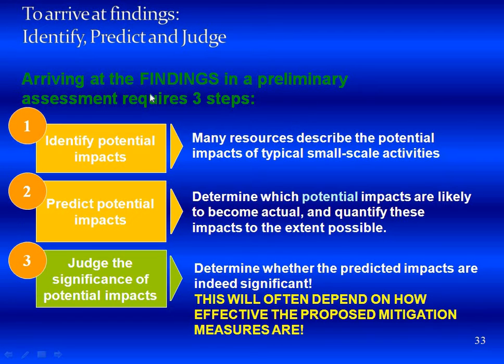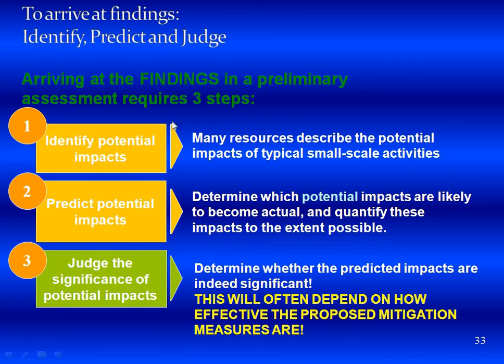To arrive at findings: identify, predict and judge. Arriving at the findings in a preliminary assessment requires 3 steps. First, identify potential impacts. Many resources describe the potential impacts of typical small scale activities. Second, predict the potential impacts. Determine which potential impacts are likely to become actual, and quantify these impacts to the extent possible. Third, judge the significance of potential impacts.